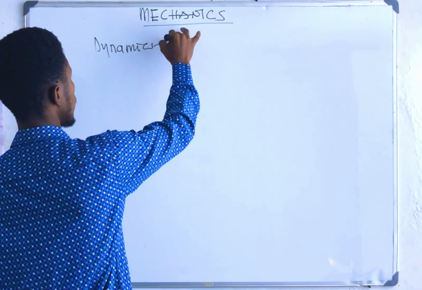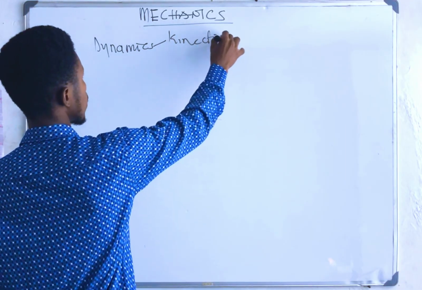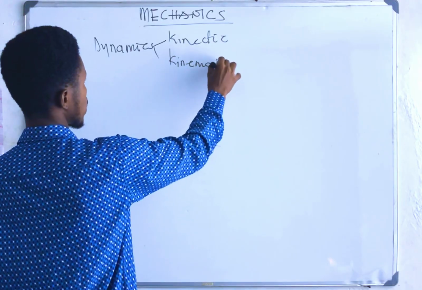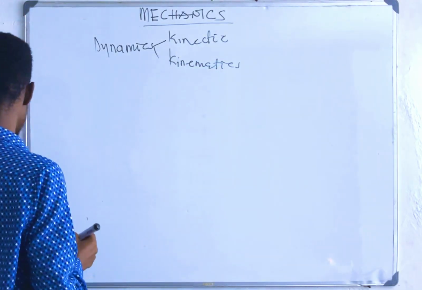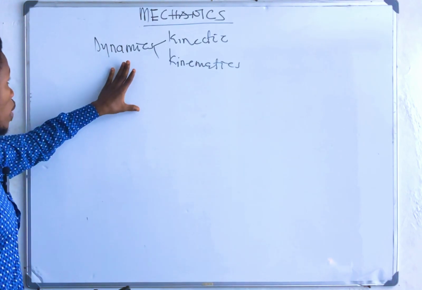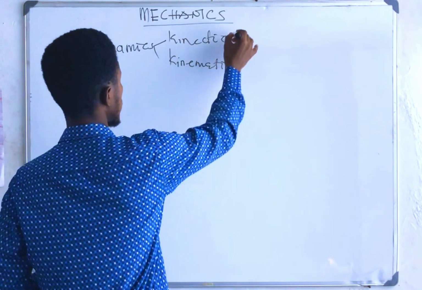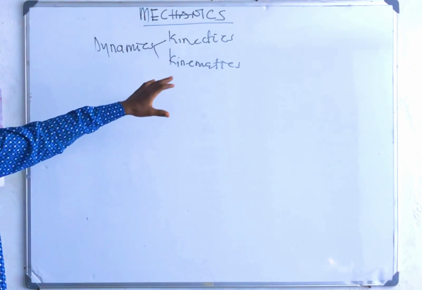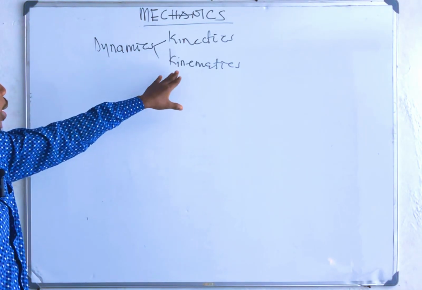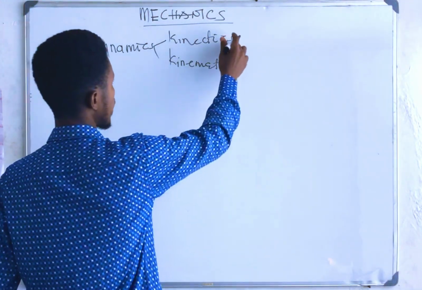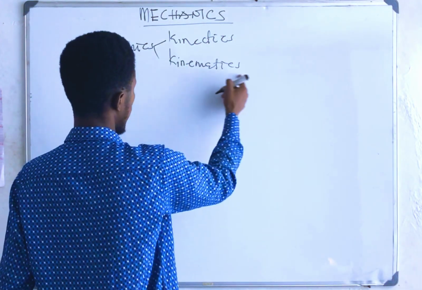For the dynamics, we can have kinetics and kinematics. So these are the two types of dynamics that we are going to look at. We have the kinetics and kinematics. What do you mean by kinetics and what do you mean by kinematics?